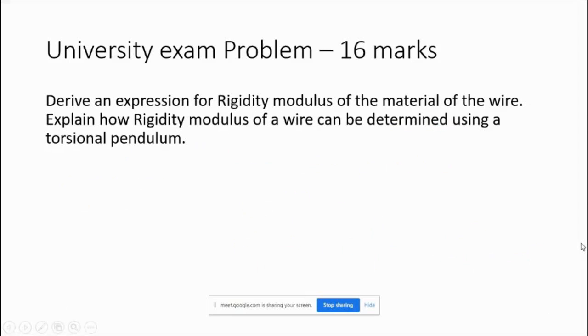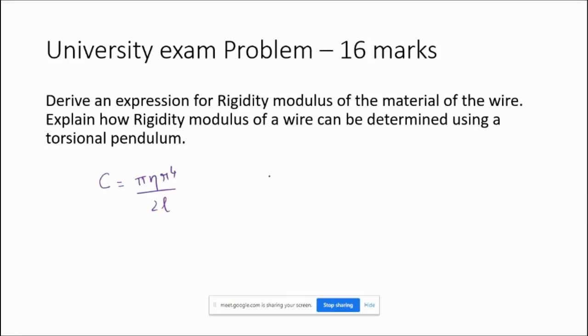This is one of the 16-mark question that has been asked repetitively in the university exam question paper. Derive an expression for rigidity modulus of the material of the wire. So in order to derive an expression for rigidity modulus, you have to first derive that C is pi eta r power 4 by 2L.